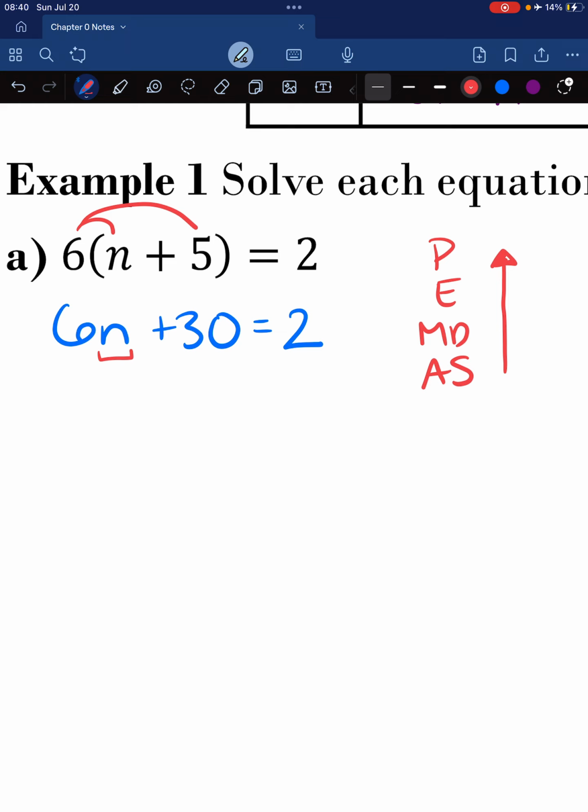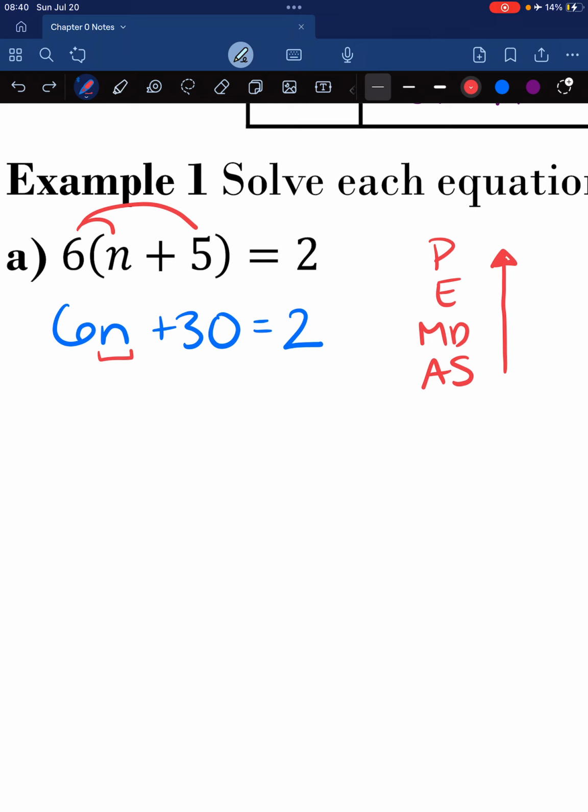The way I like to think of it, I like to think of multiplication and division as being stronger than addition, right? Because this 6 is much more closely affecting the n than this plus 30 is. So I need to get rid of the stuff that's not as close, or the weaker stuff first, before I get rid of the stuff that's closer with that n.